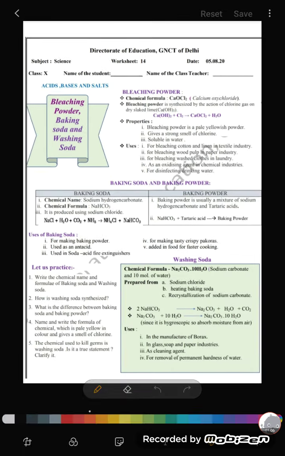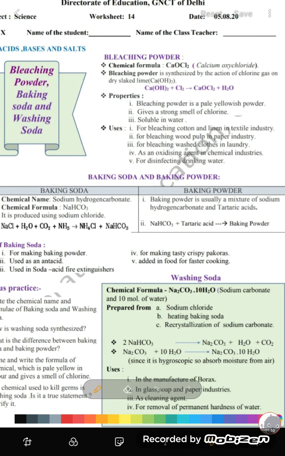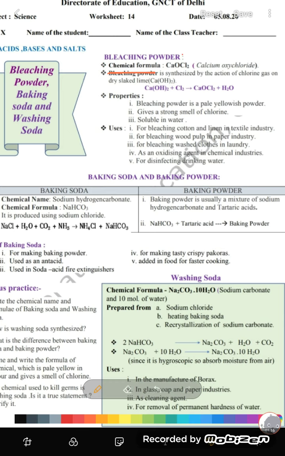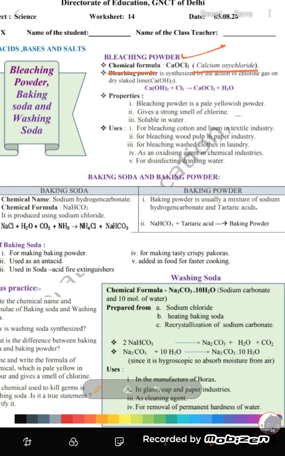So students, first the chemical formula of bleaching powder is CaOCl2, and we also call it calcium oxychloride.